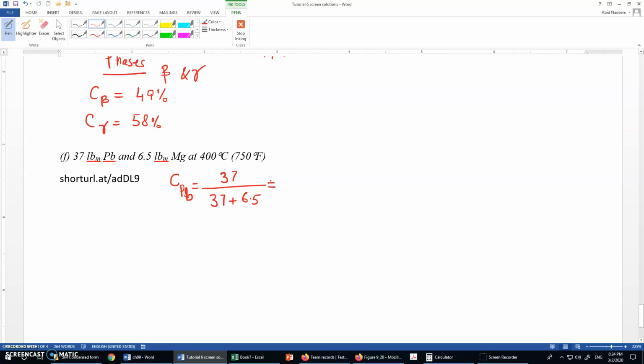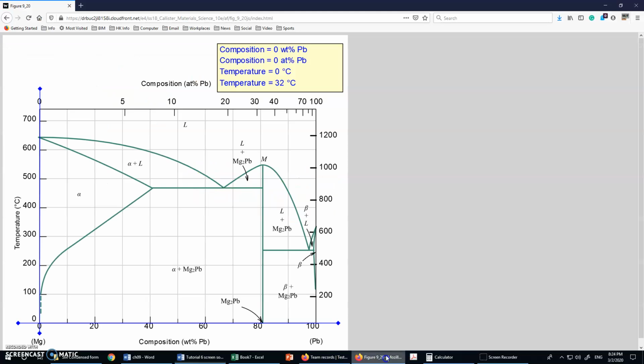So we calculate it. It is 85%, and therefore the composition of magnesium will be 15%. And temperature, remember that it's 400 degrees centigrade. So composition is given in terms of lead.